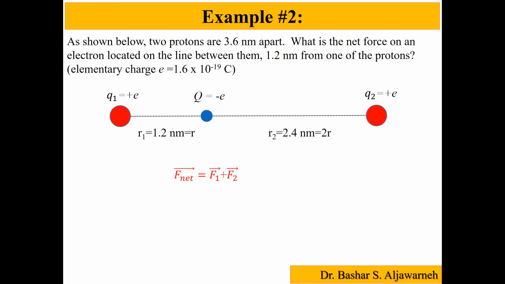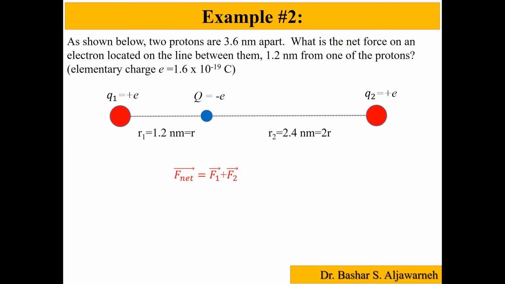We have the magnitude for each term, but the direction here should be as the following. Negative charge with positive charge means you have attraction. But we are looking at the direction of the attraction of this charge. This charge will go all the way to the left, which means negative x-axis.